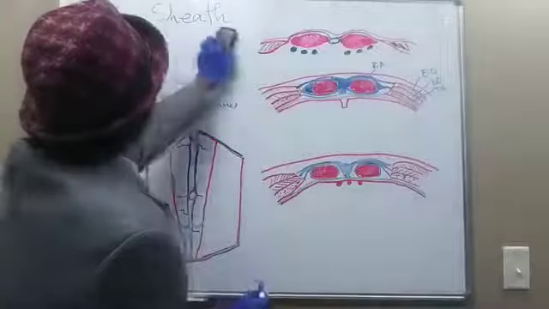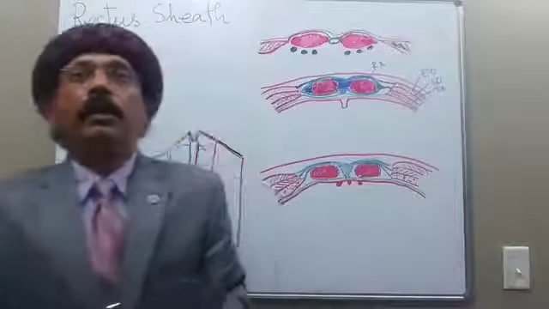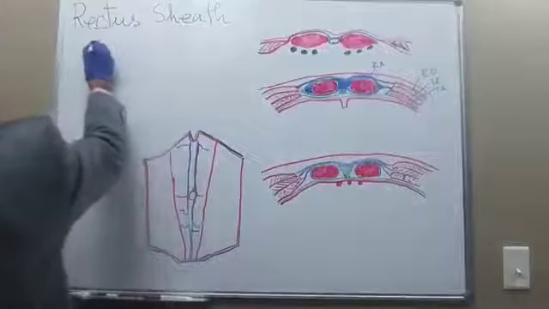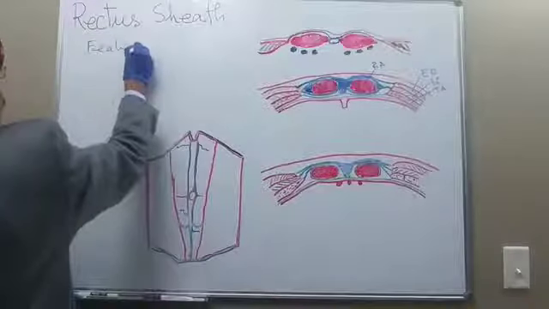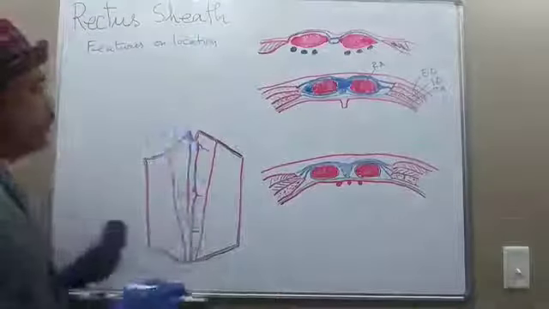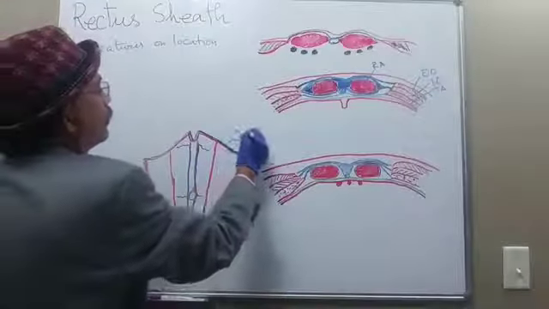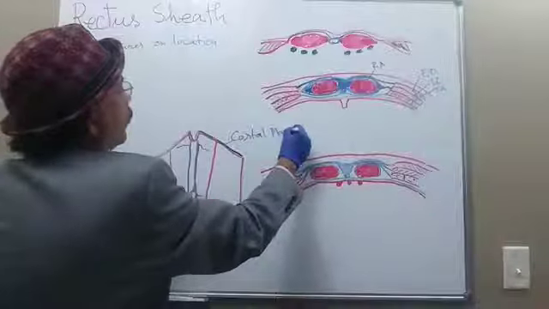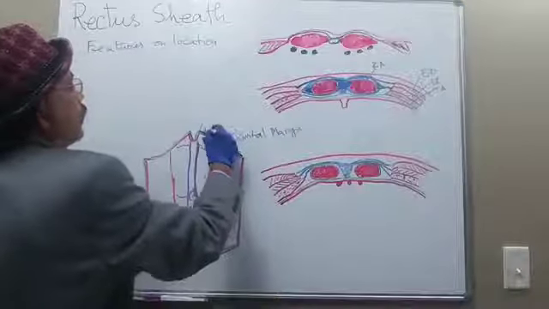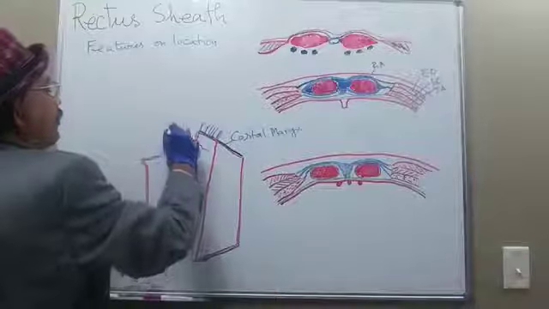If you go to the characteristics of the rectus sheath, it has features depending on the location. First, the rectus sheath above the costal margin. So this is the costal margin. The rectus abdominis muscle is inserting to the costal cartilages 5, 6, 7.